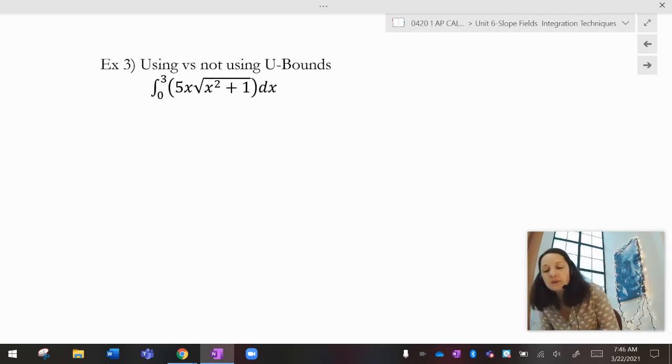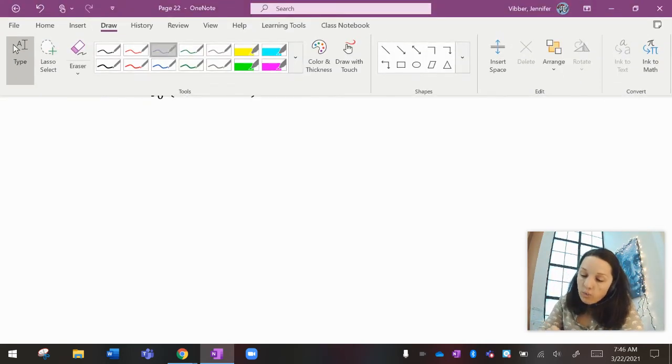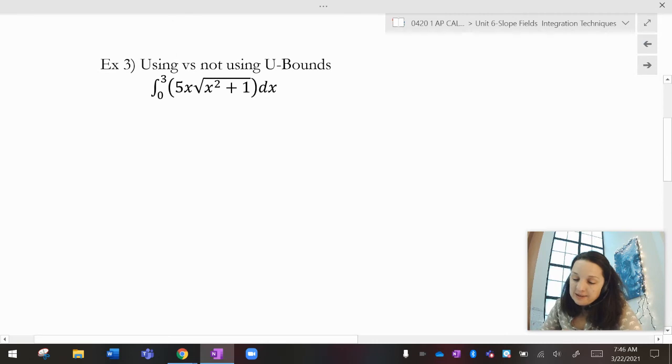When you have a definite integral, when you switch from dx to du, you need to use what are called U-bounds. You need to switch the limits of integration, and that's what we're going to talk about right now. So I have 5x times the square root of (x² + 1).